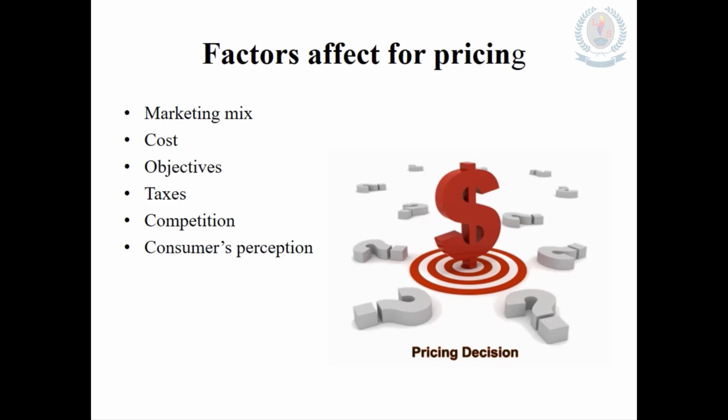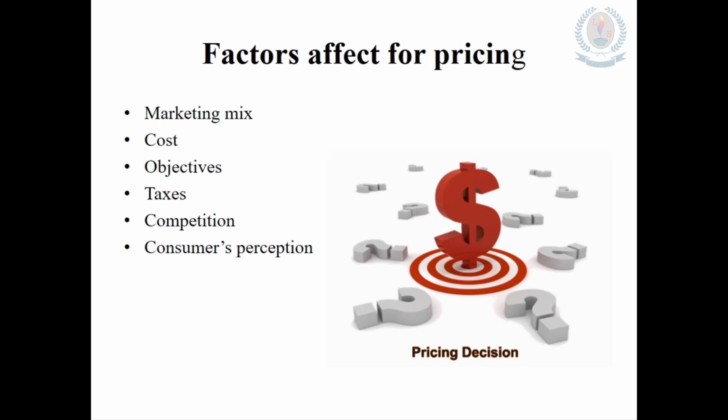Next one is cost of production. Other thing is objectives. That means what are the objectives of the business, whether the business is running with a profit objective or else with a social welfare objective. So the business objectives also have to be considered. Next one is the amount of taxes they should pay to the government. That amount also should be covered through this price.